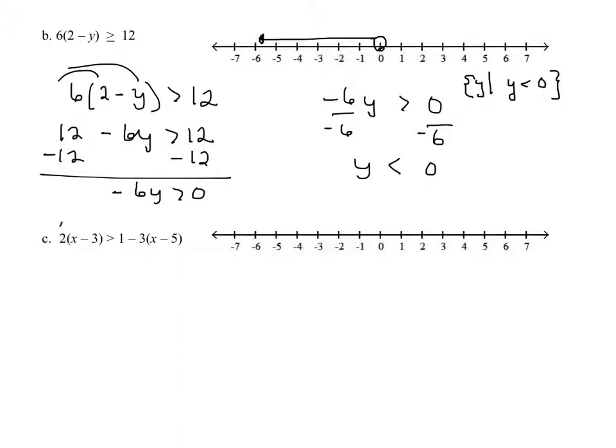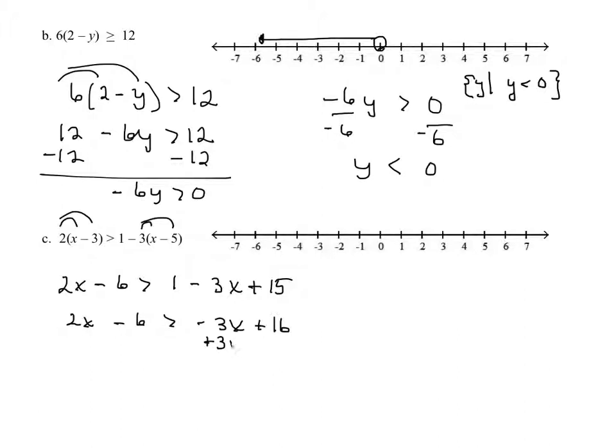Next, distribute. 2x, take away 6 is greater than 1 minus 3x plus 15. So now I'm going to combine like terms on a side. Get my 3x, negative 3x over to the other side as a positive.